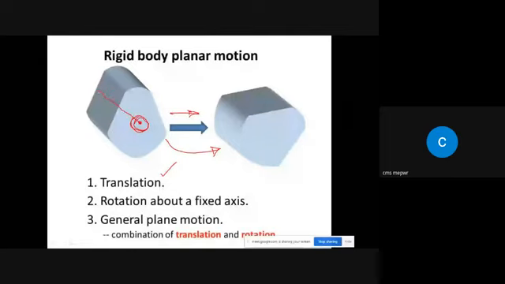This can be the axis, and this object can rotate about this fixed axis. So that is rotation about a fixed axis. And then we can have general plane motion. In general plane motion, the object will translate, and along with translation, it will also have rotation. This object will rotate like this, and it will also translate. So that is known as general plane motion.